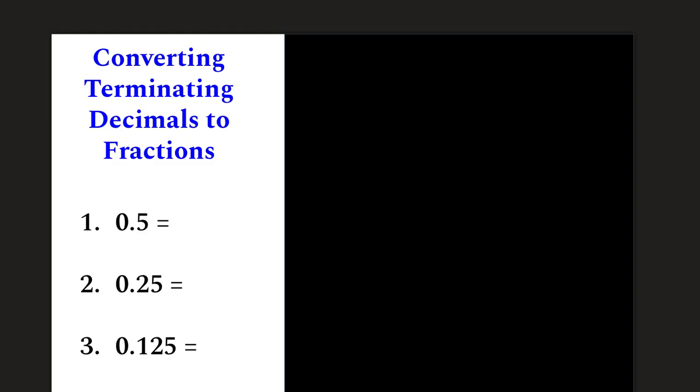For example, 0.5 has only one digit after the decimal, therefore we can divide by 10. Remember, we're dividing either by 10, 100, 1000, etc.